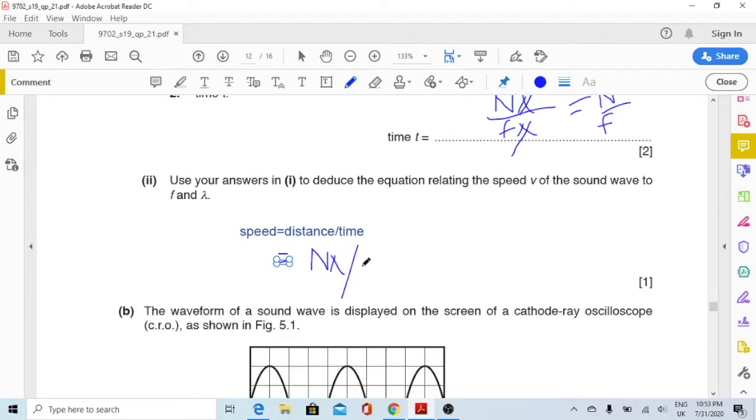What did we get for time? n divided by f. So our speed of the sound wave in terms of f and lambda would be frequency into lambda.